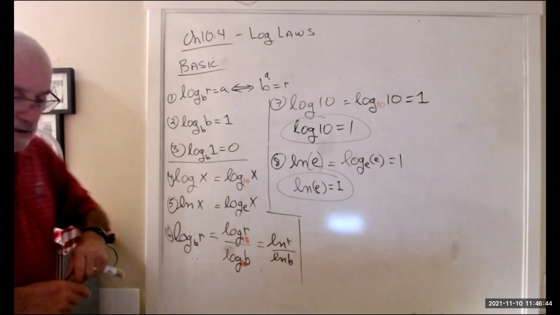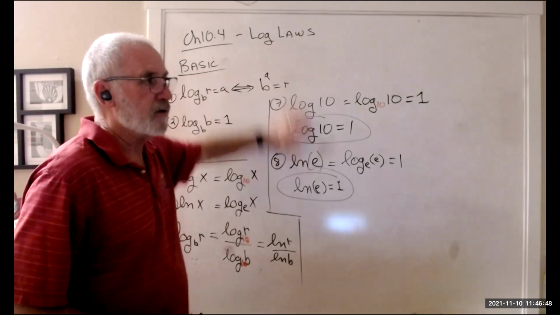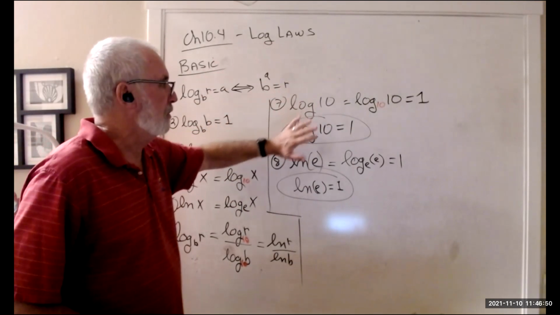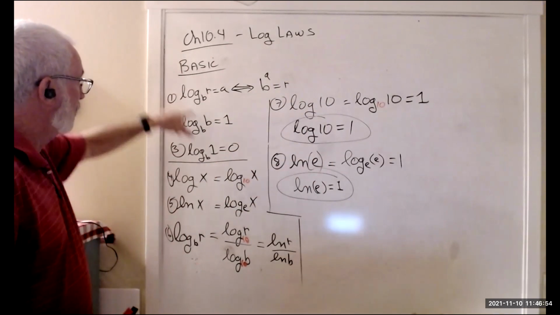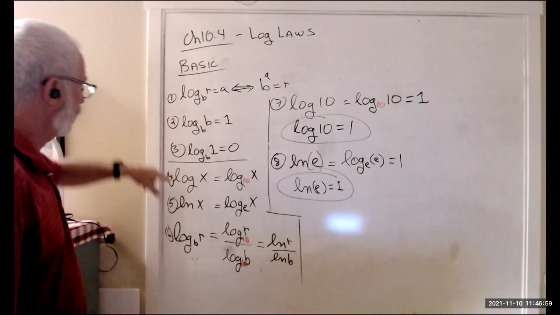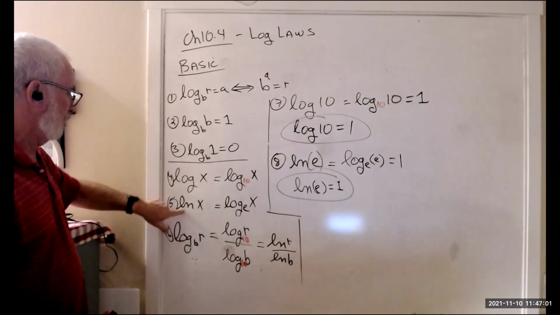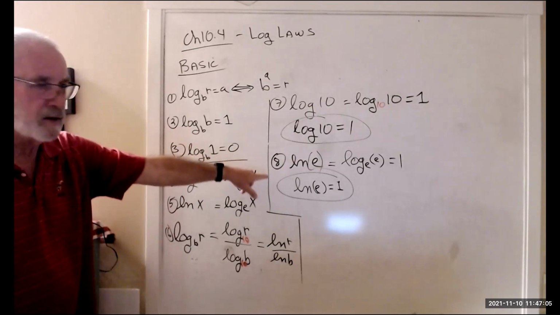Okay. Then I'm going to erase 7 and 8 because these are actually implications of combining these laws. So for example, if we took rule 5 and used it with rule 2, that's how we got number 8.